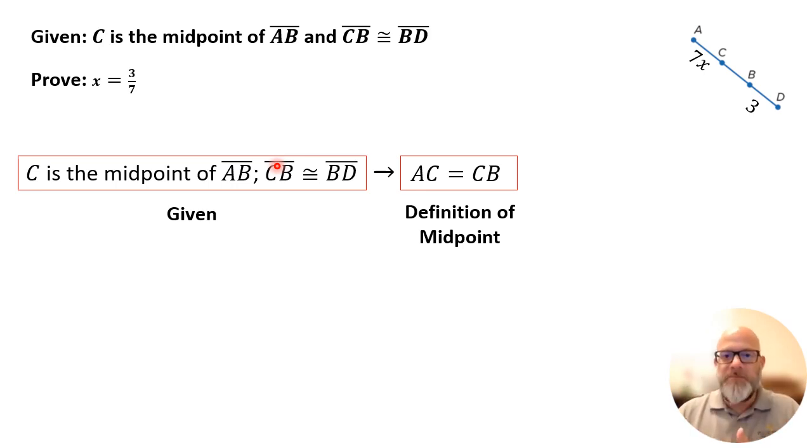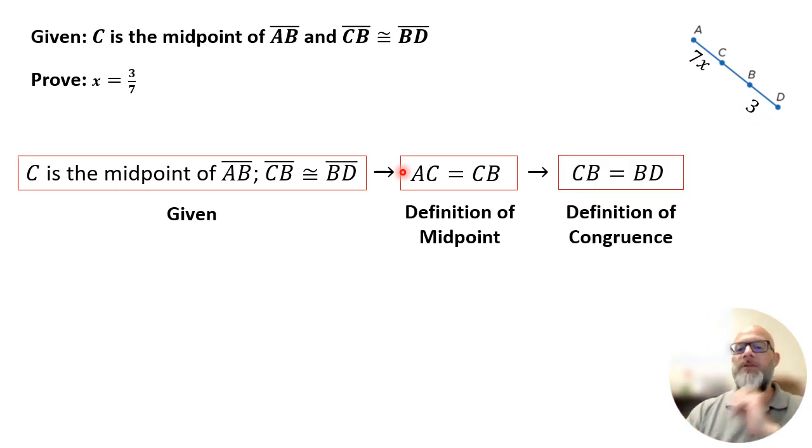By the definition of midpoint. All right. Now we've got CB is congruent to BD. What can we immediately know from that? That CB has the same measure as BD. And what are we going to put under the box? The definition of congruence. Very good.